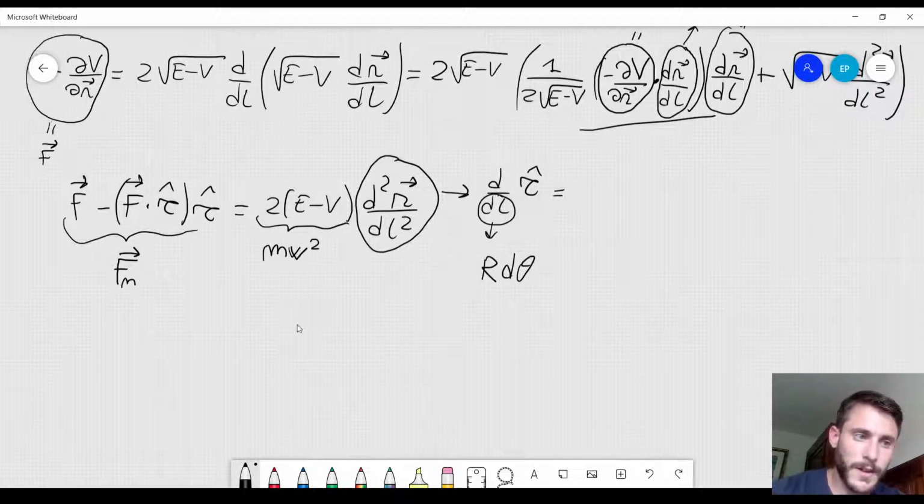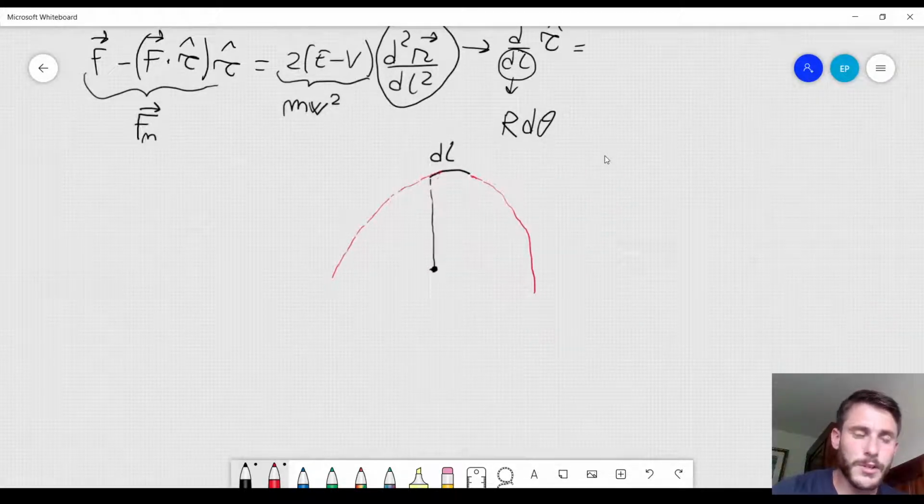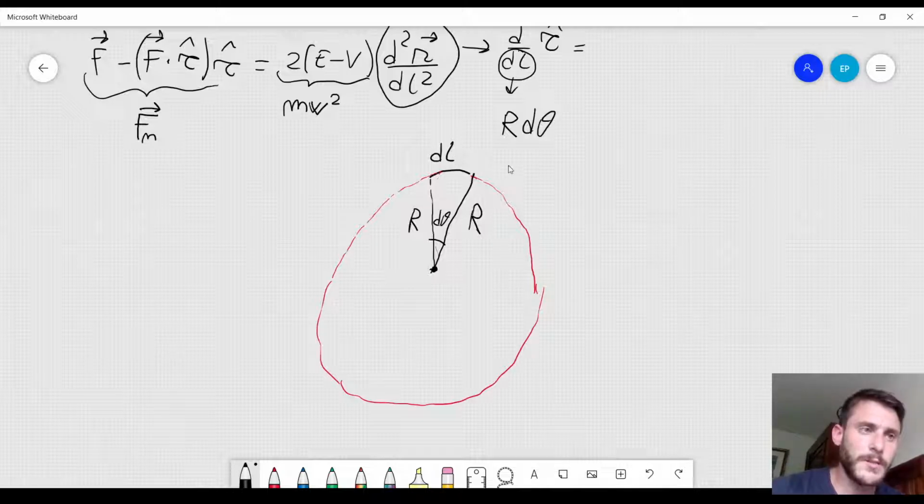So if I have a very small portion of the curve which has a length dl, somewhere here I have the center of the so-called osculating circle, which is the circle that contains dl and has a radius equal to the radius of curvature. So this is supposed to be a circle, and here we have the radius of the circle, which is the radius of curvature, and here I have d theta. R d theta is going to give me dl.